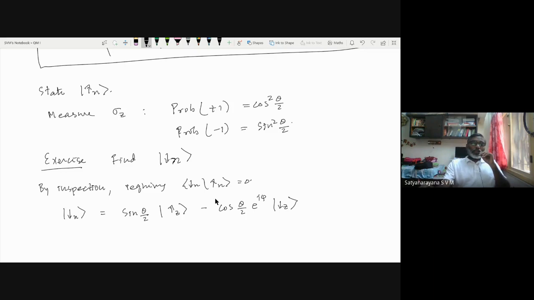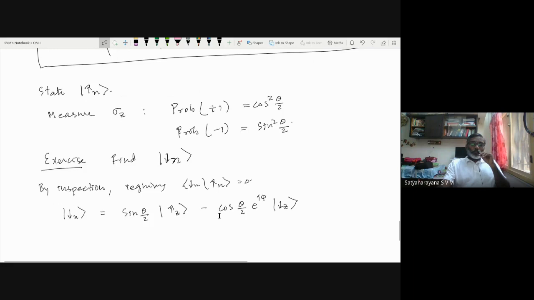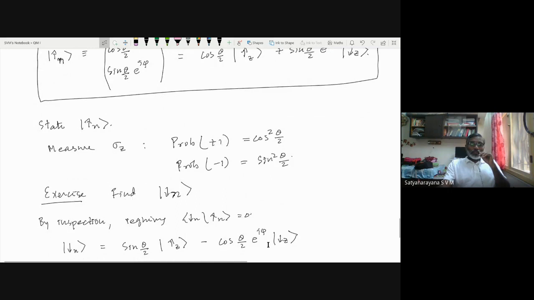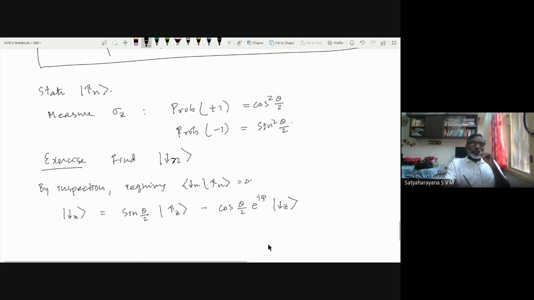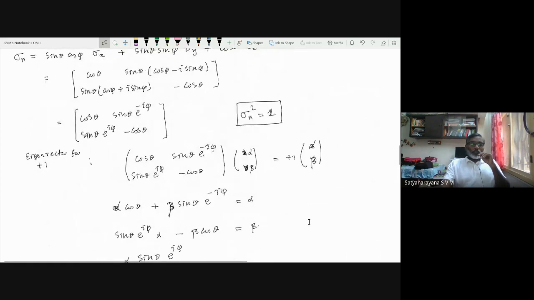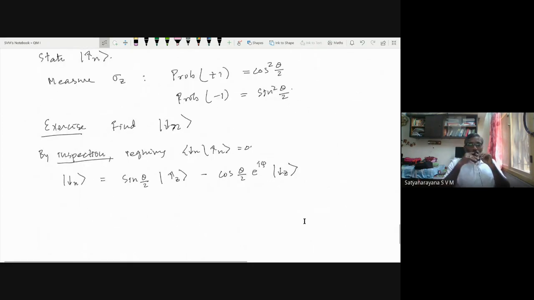So when you take this one first, if you take inner product, you get sin theta by 2 cos theta by 2 minus cos theta by 2 sin theta by 2, and e power I phi, e power minus I phi will go away. So this I am just doing by inspection, but if you want to get some practice, you can try to find out what is the eigenvector for this operator sigma n for eigenvalue -1. So if you do that, then you will get this result. I have just shown this by inspection.